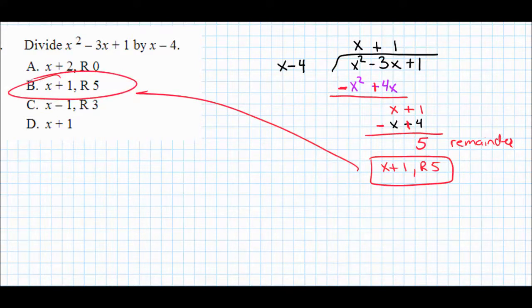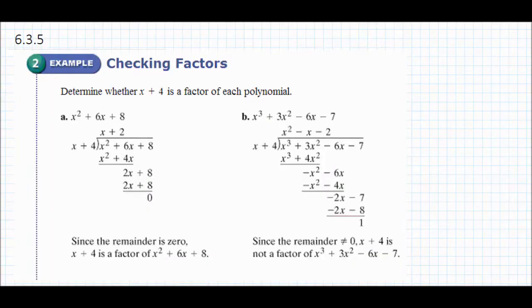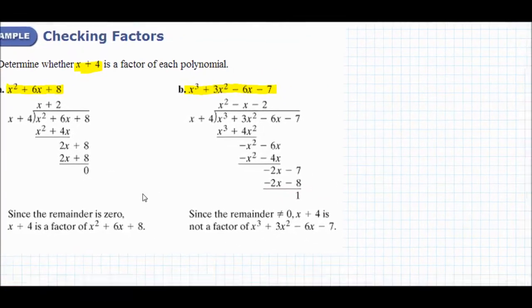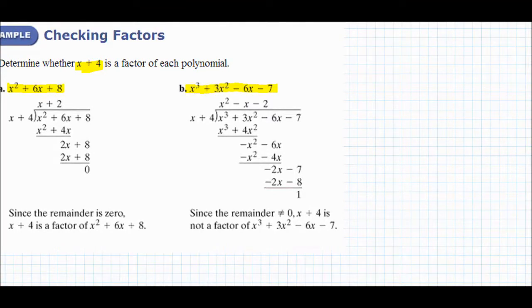Next example. Let's check some factors. It says determine whether x plus 4 is a factor of each polynomial. Going through the steps, I'll rewrite these and do them myself on the side. For A, the polynomial is x squared plus 6x plus 8.